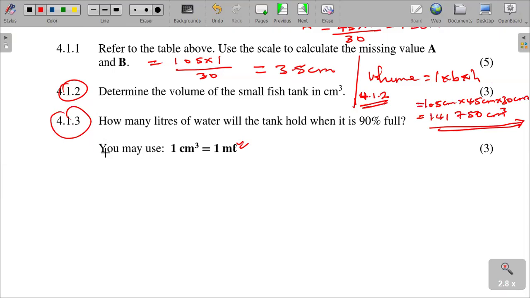So I was saying 1 cubic centimeter is equal to 1 milliliter.